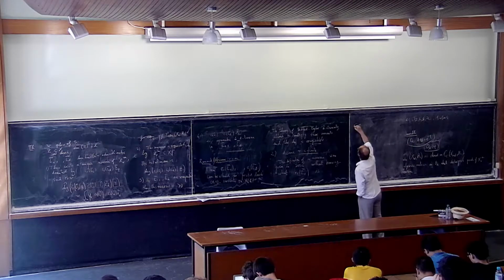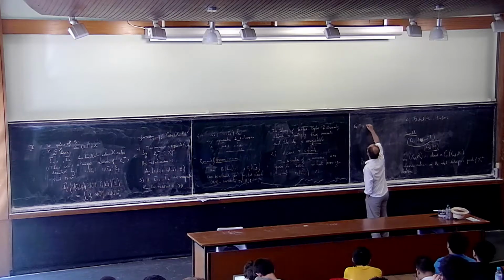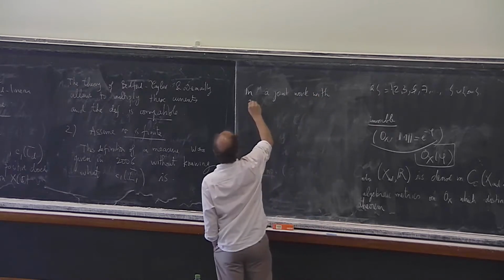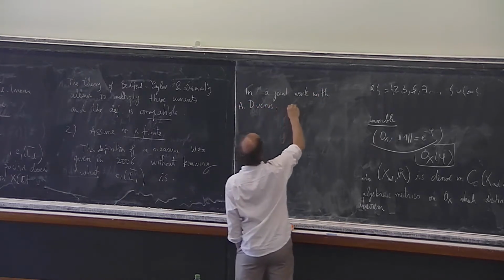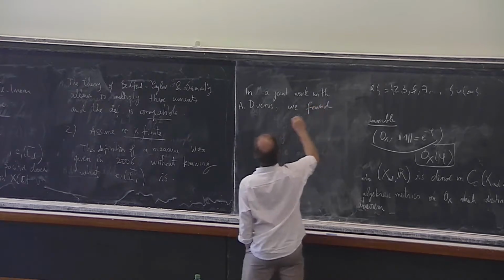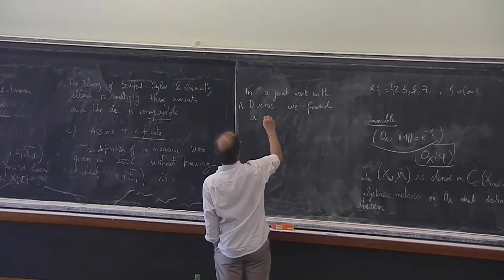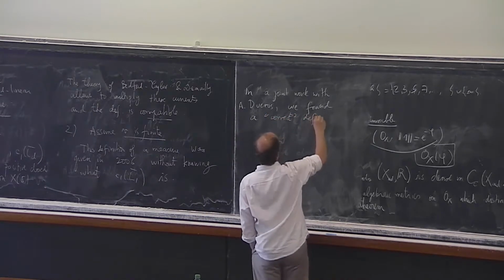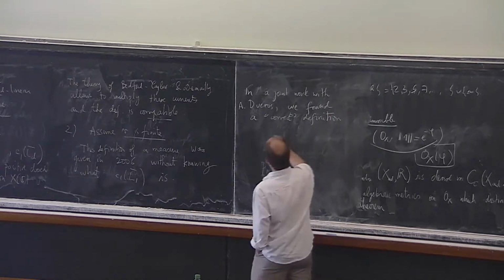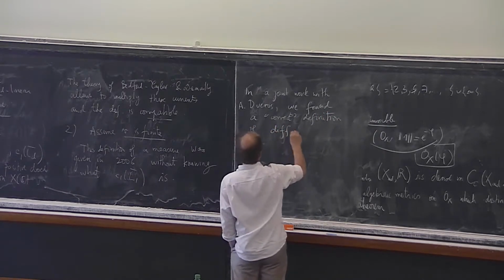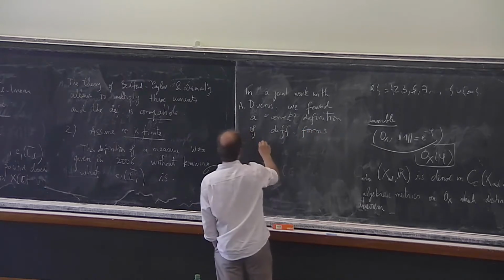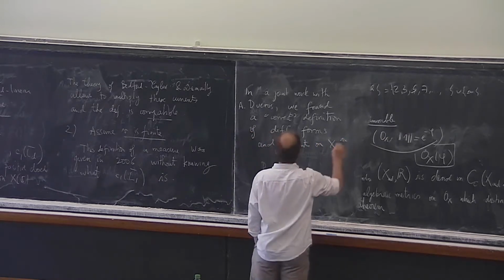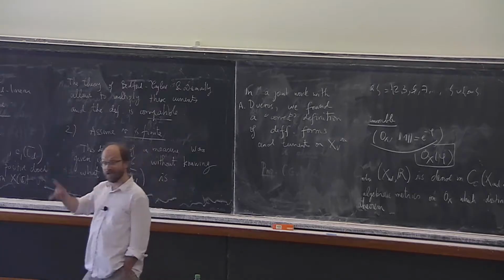With Ducros, we found a correct definition of differential forms and currents on X^V_n, and the analogy becomes complete.